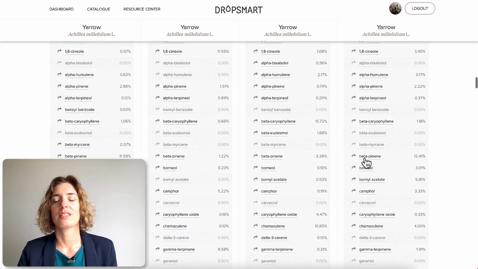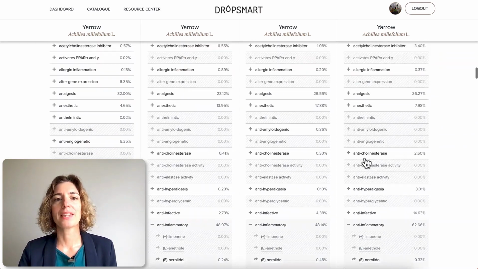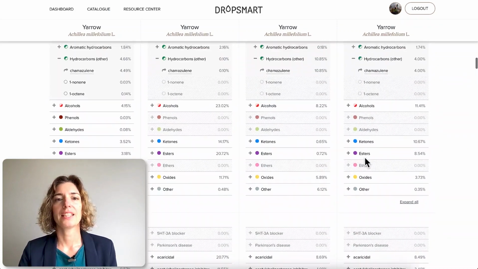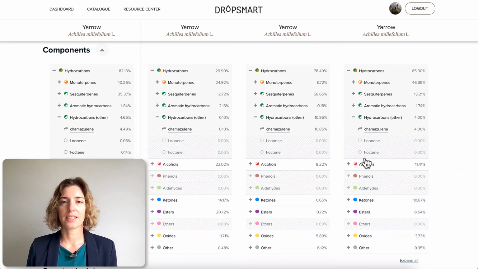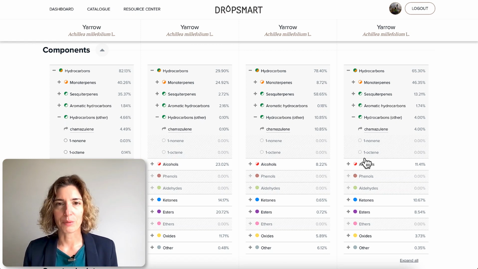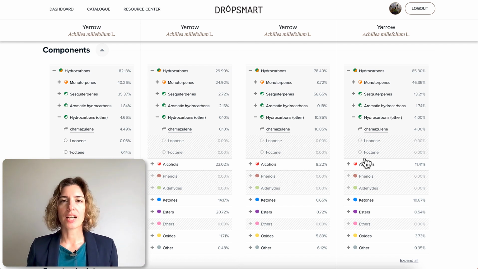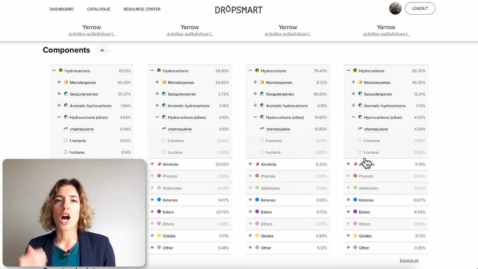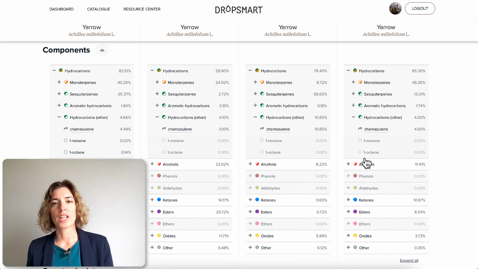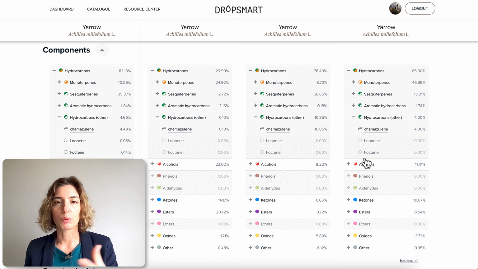And why is this important? As an aromatherapy professional, it is important to keep up with these things and to know what it is that we are talking about. It's important not just for our own clarity and confidence in recommending these oils, in selling our products, in lecturing, or whatever it is that you do with essential oils.